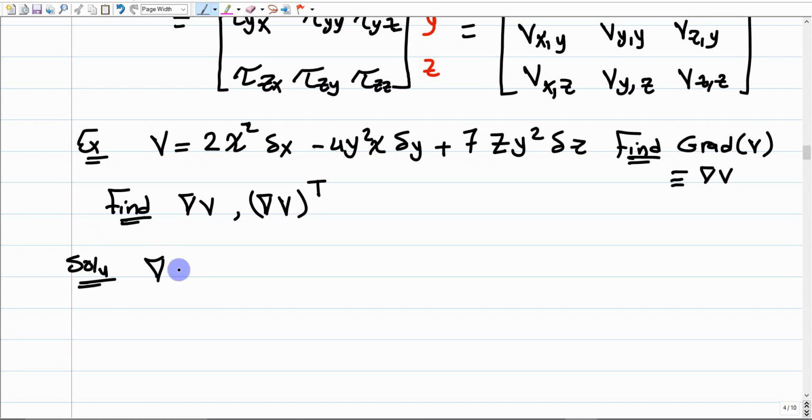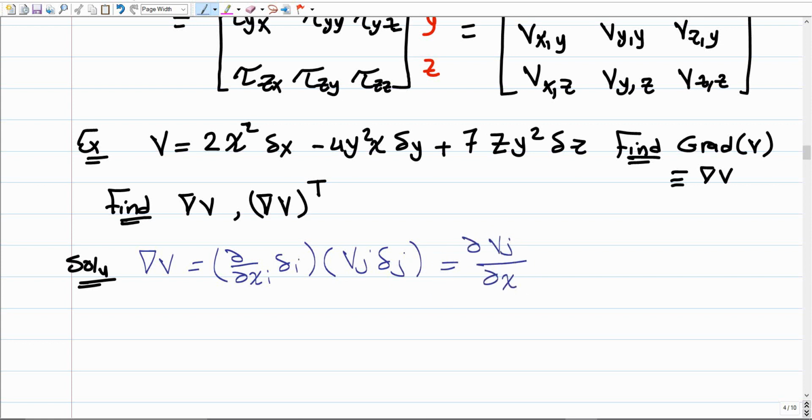So starting with the gradient of v, we're gonna start with the compact form of the gradient, which is partial x delta i directly vj delta j. There is no dot, there is no cross product. Then we're gonna end up with partial vj with respect to xi, then delta i delta j.